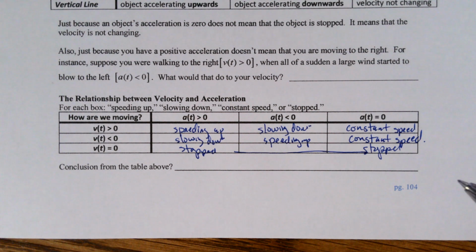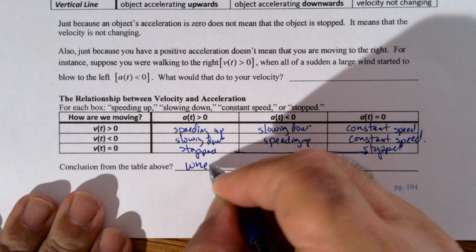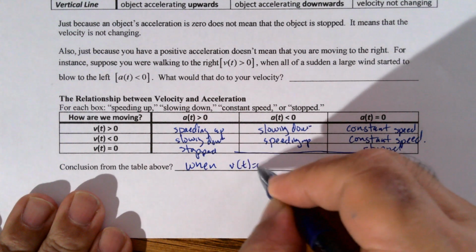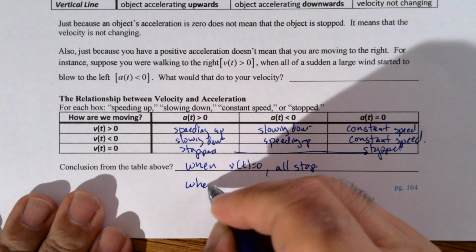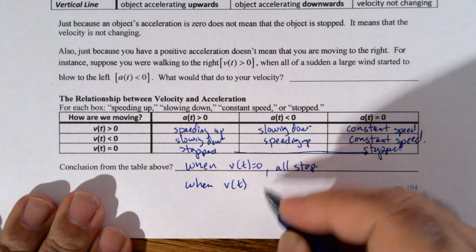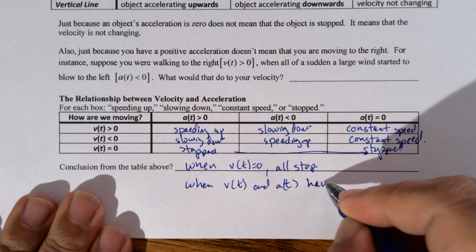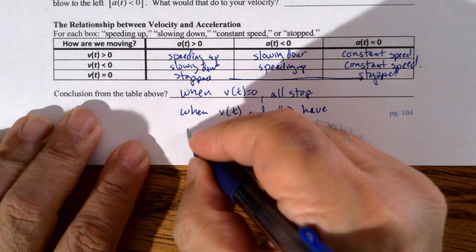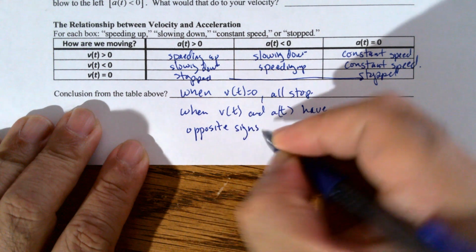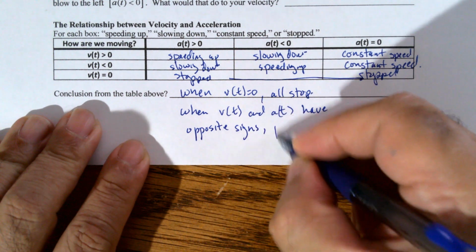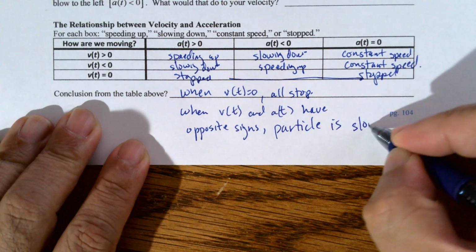All right, so conclusion from the table above: when velocity equals zero, it stops. When velocity and acceleration have opposite signs, the particle is slowing down.